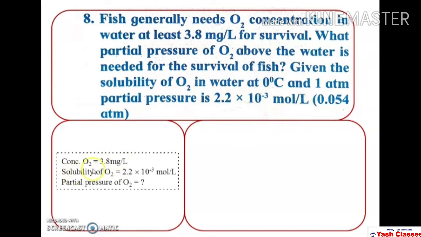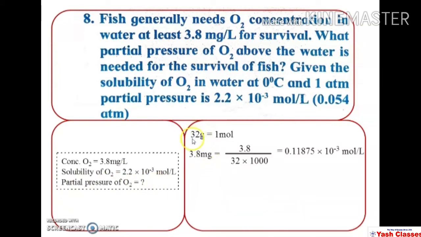Now here what is given? Concentration of oxygen required for the survival of fish is 3.8 milligram per liter. Solubility of oxygen is given at 0 degree centigrade and 1 atmospheric pressure, that is 2.2 into 10 raised to minus 3 moles per liter, and we need to calculate partial pressure of oxygen.